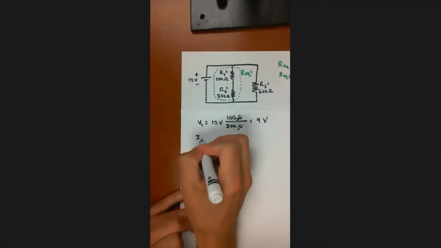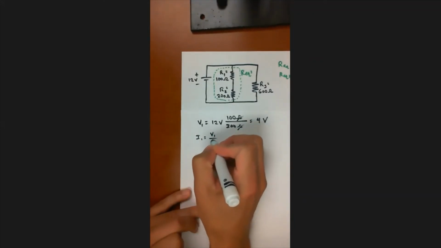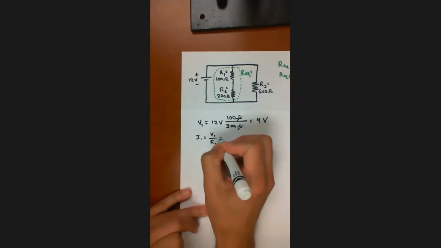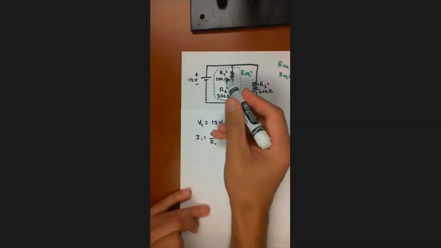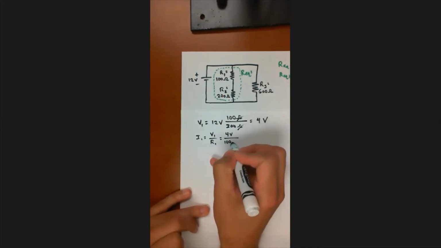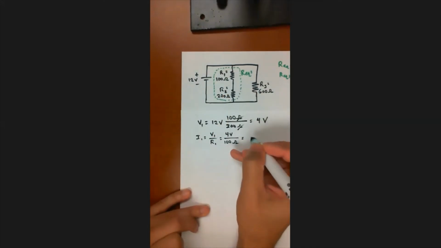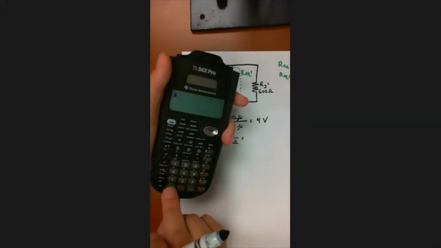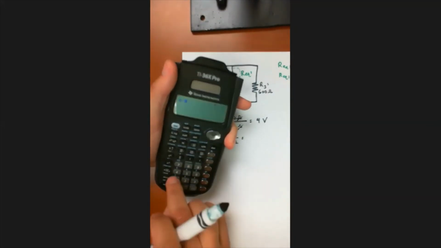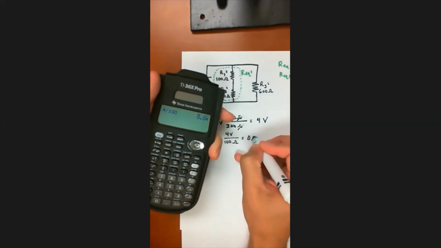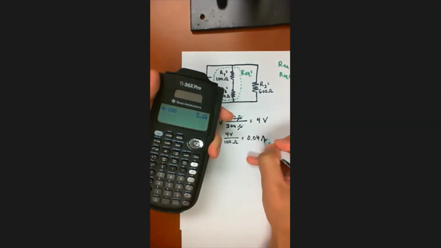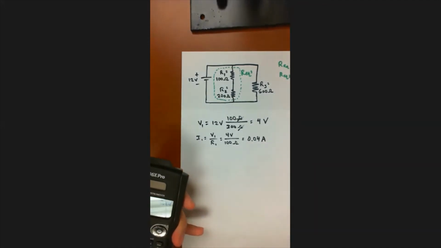So I1 equals V1 divided by R1 equals 4 volts, that was V1, divided by R1, which is 100 ohms. This is going to be real small too. 4 divided by 100 gives me 0.04 amps. So let's write that in.